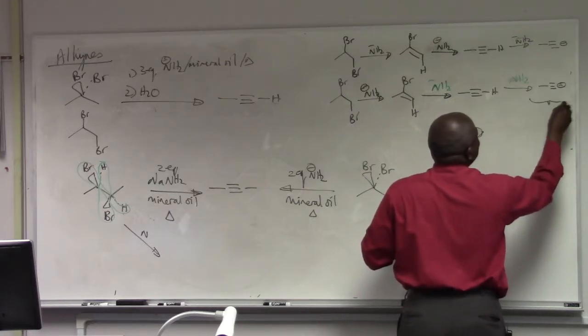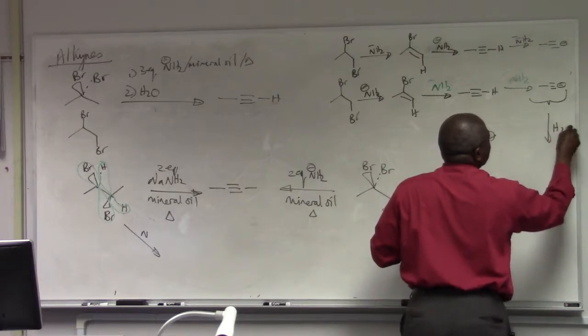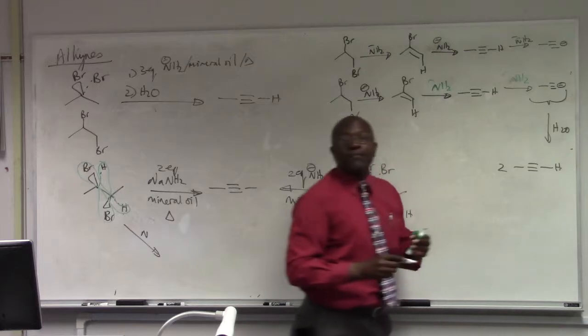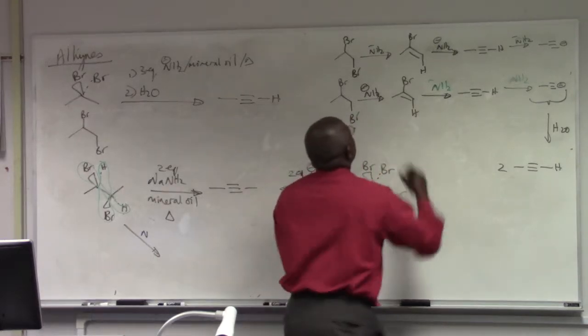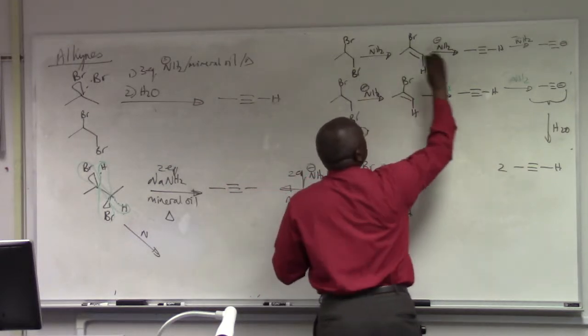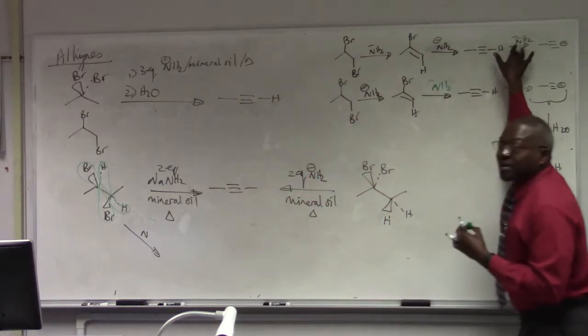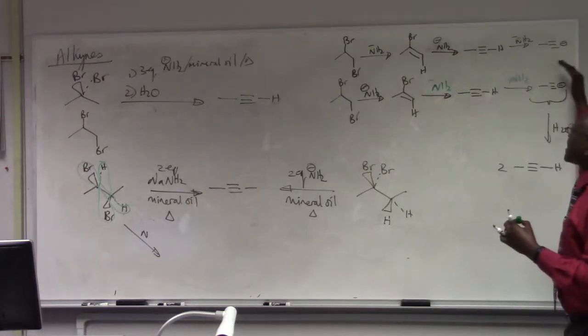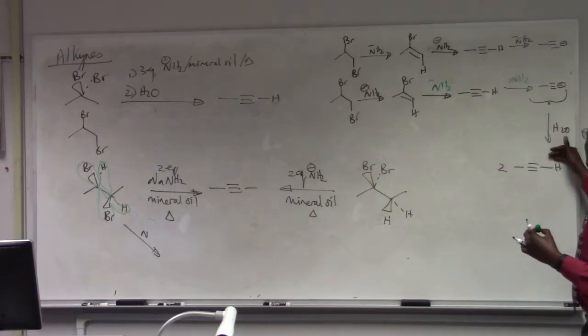I'm going to take the 2 acetylides and just add water to them, and the acetylides will deprotonate water and make your product. So in all, for the 2 molecules of your substrate, you've added 2, 4, 6 NH2 minuses. That's 3 equivalents. So I must use 3 equivalents to make the acetylide, and then drive the acetylide into the alkyne with water.